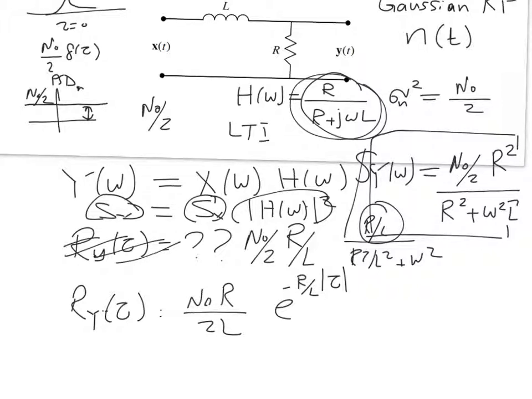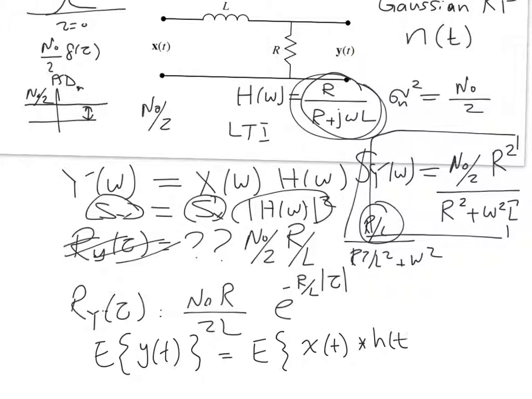Simply, you know that this is a linear time invariant system, right? So the output, in the time domain, must be the convolution of the input with the impulse response of the system. Then if you want the expected value of the output, the expected value of y of t, the output random process, this is equal to the expected value of x of t convolved with h of t, correct?